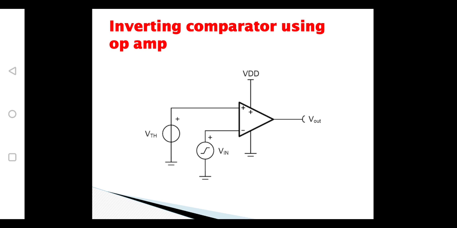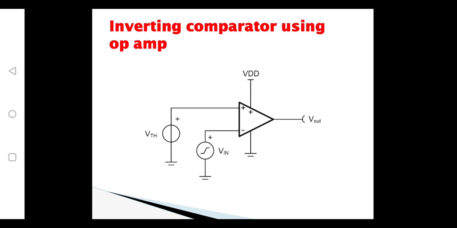That is the reason we call this an inverting comparator. It compares the input voltage with the reference voltage or threshold voltage. So depending upon these, comparators may be either inverting or non-inverting.